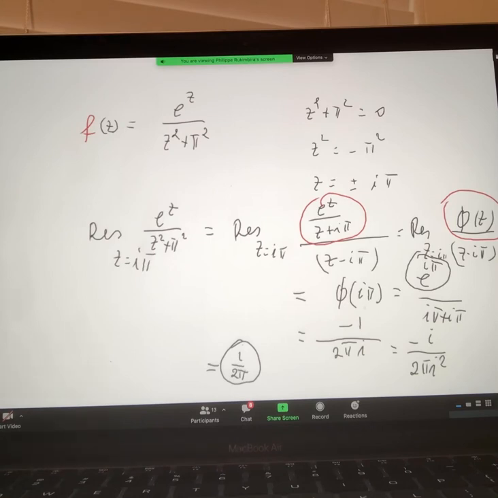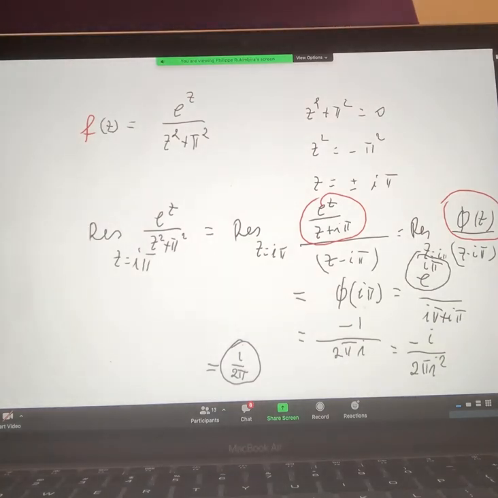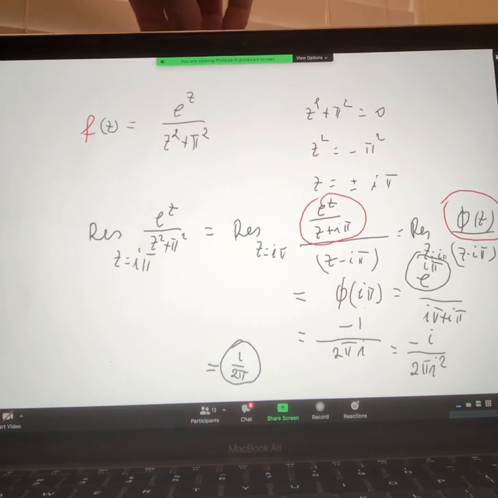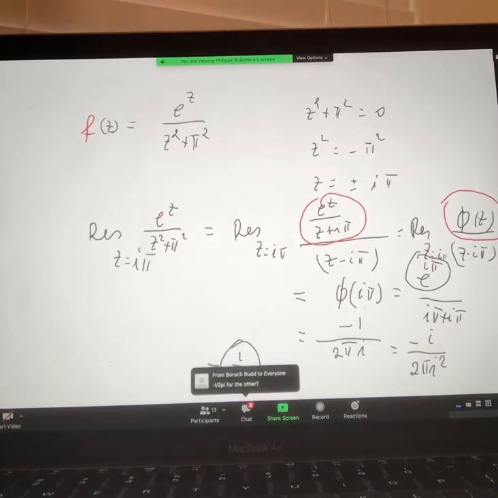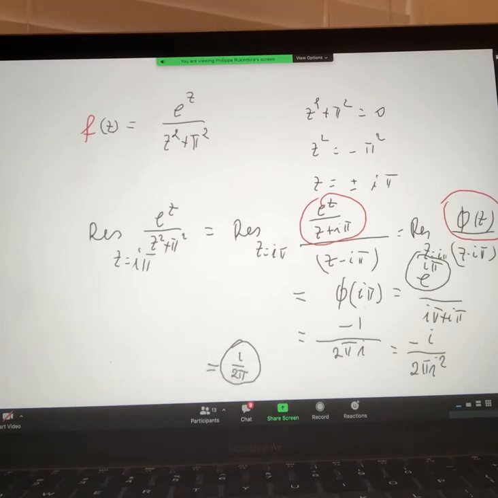Now let's repeat this for negative i pi. So negative i over 2 pi is the other one. That's exactly correct. Yes.